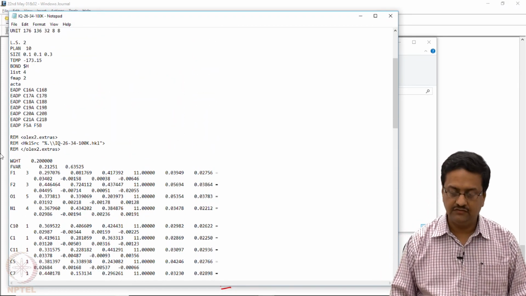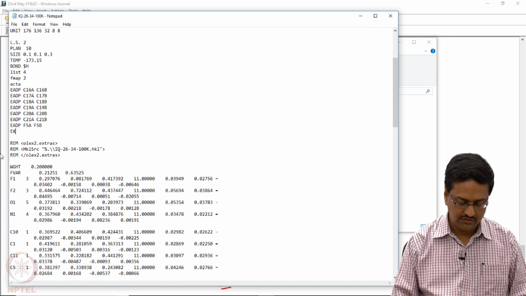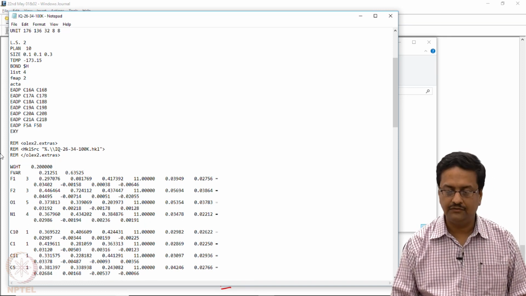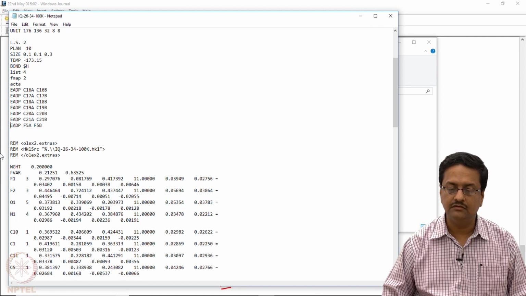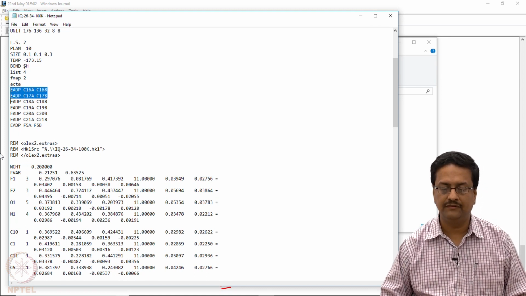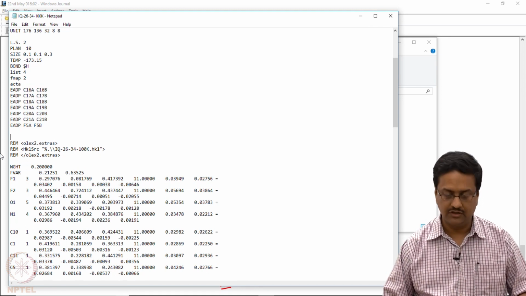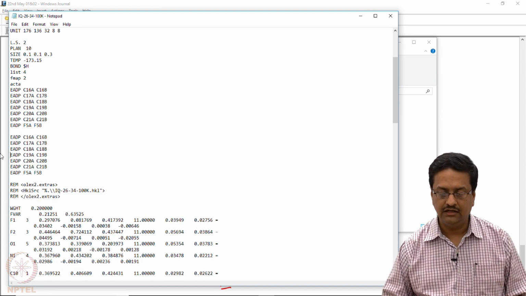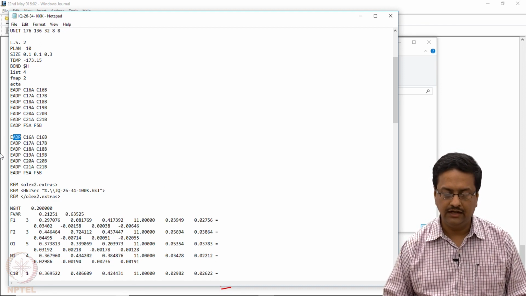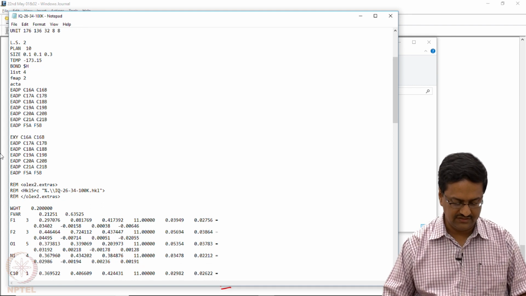and simultaneously we should write the corresponding EXYZ for all of these set of atoms, group of atoms. So copy and paste it here and change the ADP to XYZ.